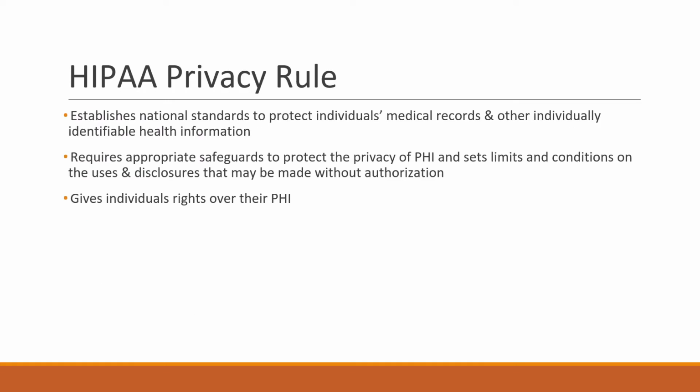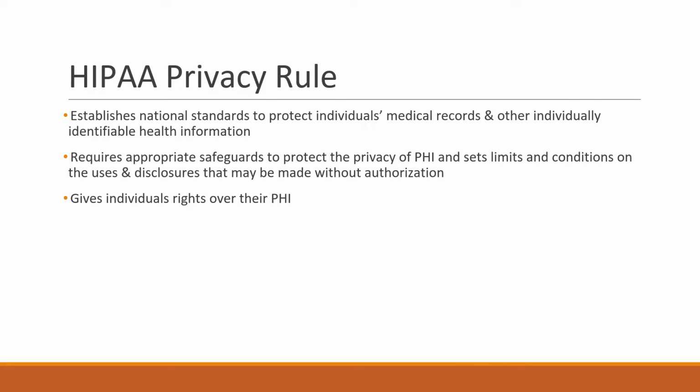The HIPAA privacy rule establishes national standards to protect individuals' medical records and other identifiable health information. It requires appropriate safeguards to protect the privacy of PHI and sets limits and conditions on the uses and disclosures that may be made without a signed authorization by the patient.